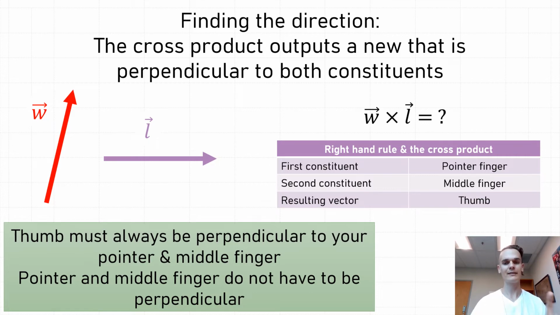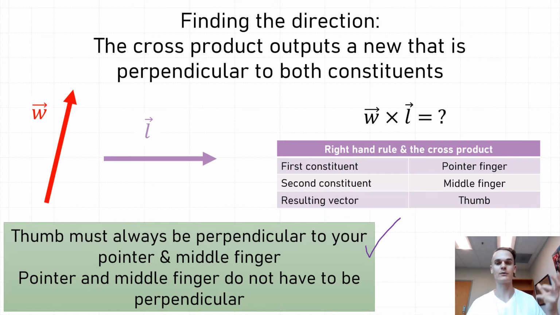Remember that the vector outputted by the cross product is perpendicular to the plane spanned by the constituent vectors. So your thumb must always be perpendicular to your pointer finger, and your thumb must always be perpendicular to your middle finger. And your constituent vectors don't have to be perpendicular.